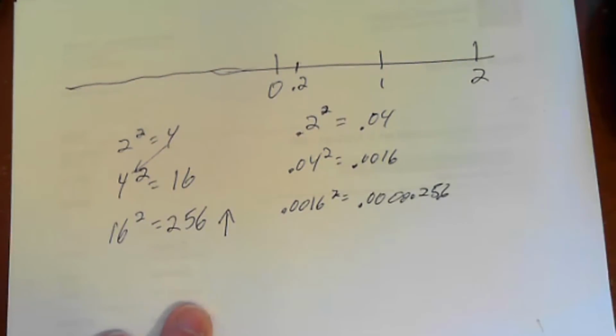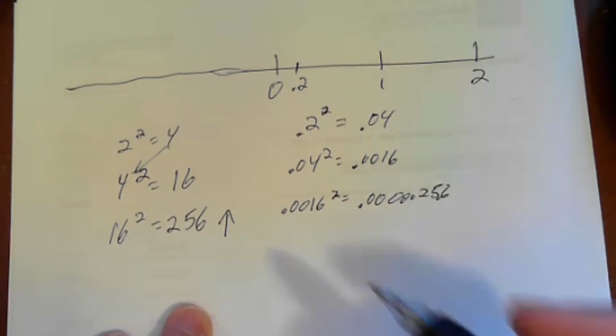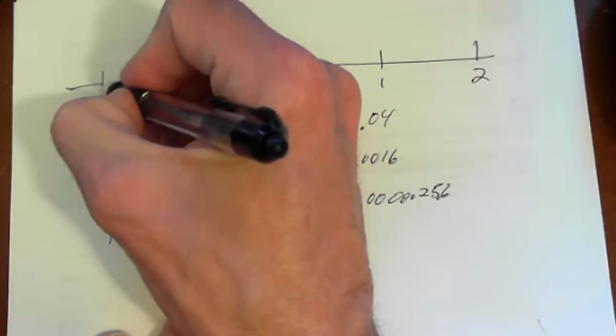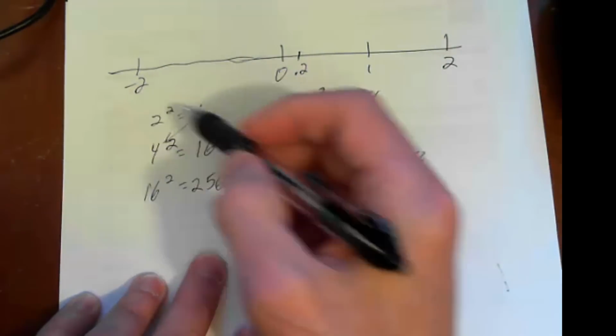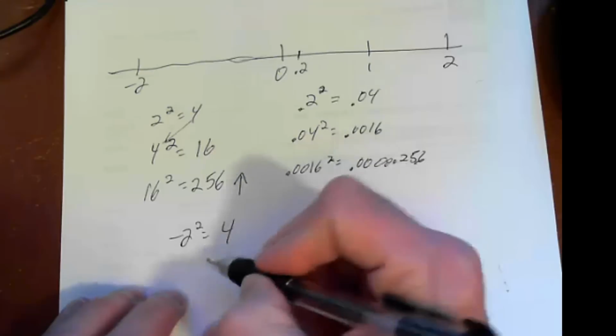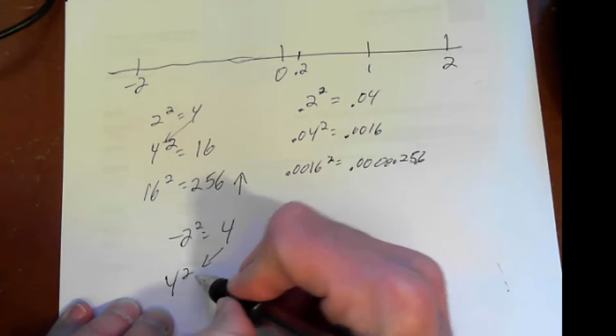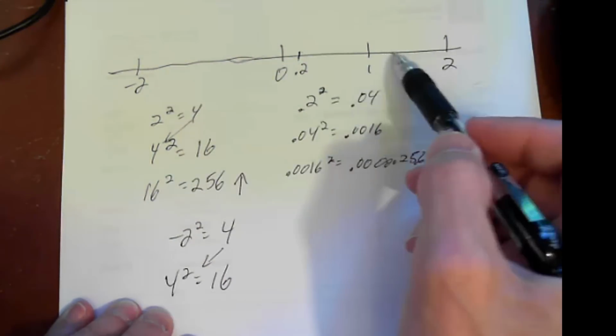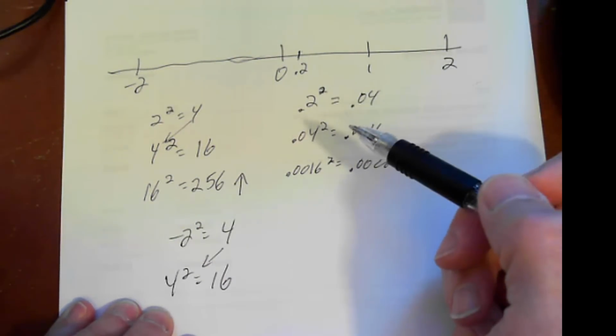And so it continues to get smaller. Now if we go negative, say a negative 2, well, a negative 2 squared becomes a positive 4, and then you would square that and get a positive 16. So anything negative just flips right over to the positive side.